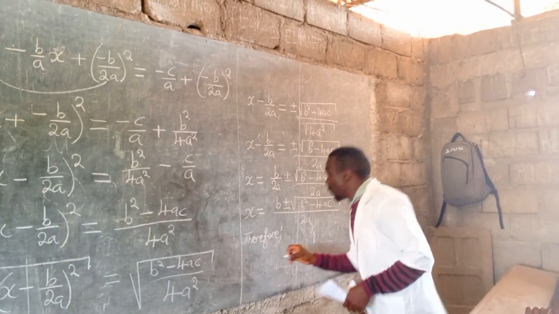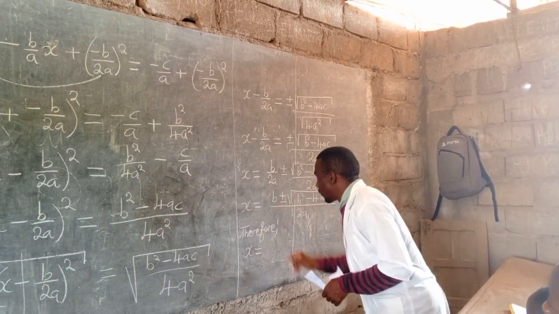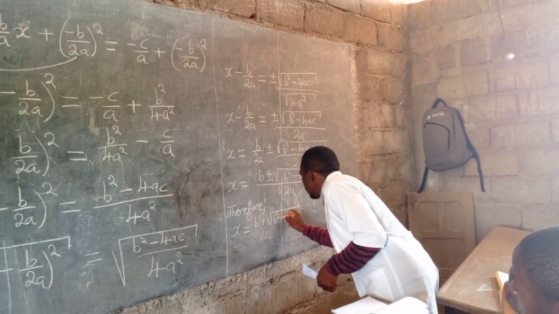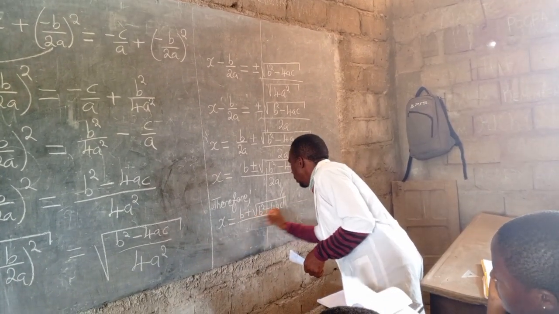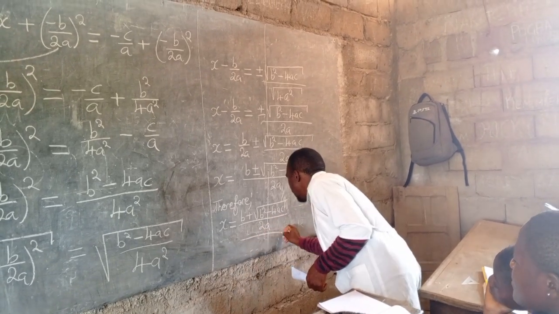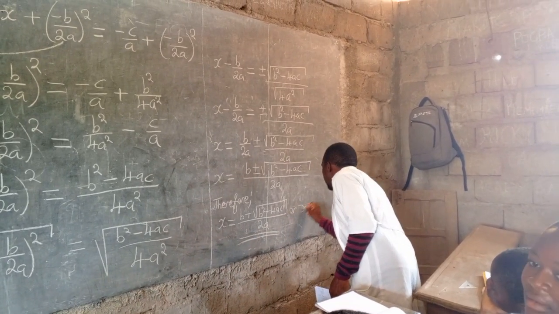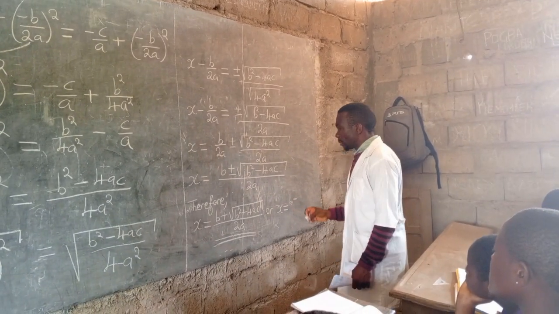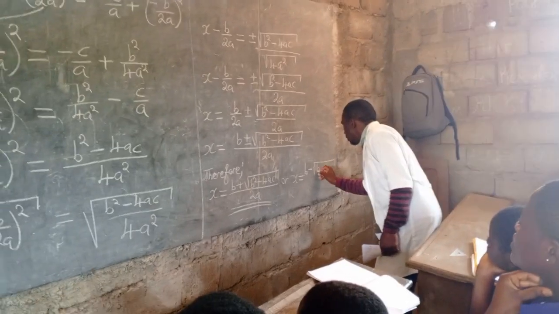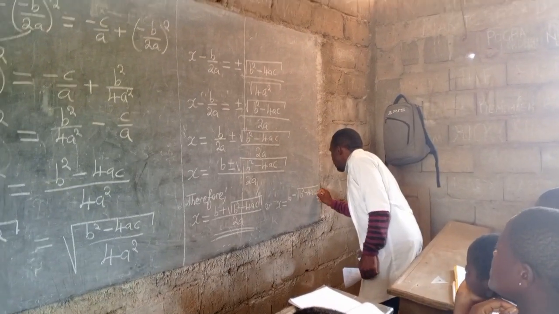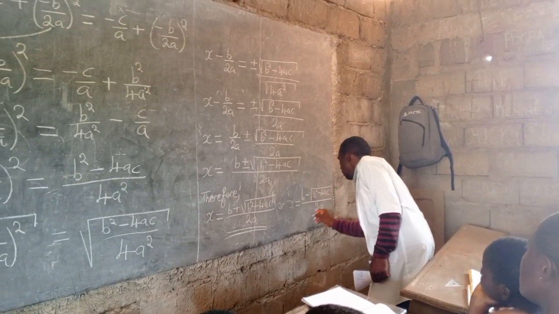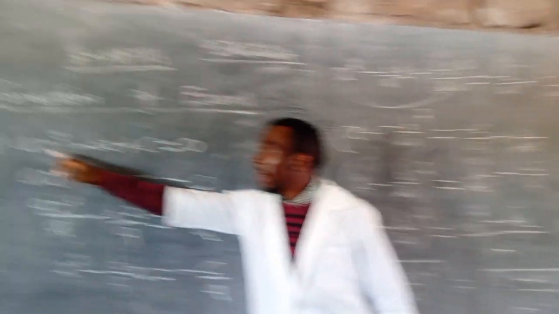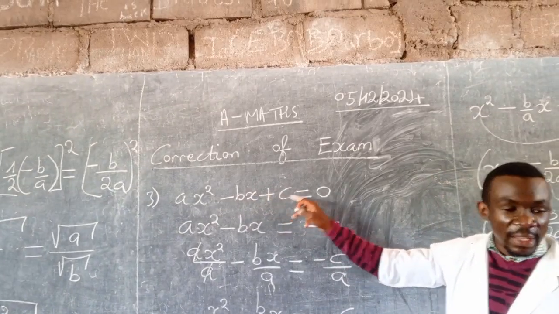Therefore, x will be equal to the first solution, b plus the square root of b squared minus 4ac all over 2a. The second solution is x equal to b minus the square root of b squared minus 4ac on 2a. So these are the two solutions of the quadratic equation ax squared minus bx plus c equal to 0.